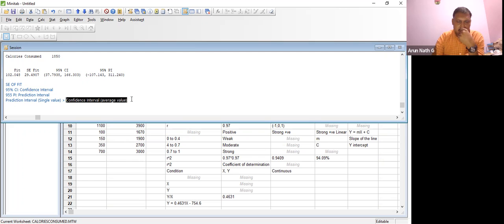However, the average of multiple experiments is expected to fall inside the confidence interval. So which is narrower? Prediction interval or confidence interval? It should be the confidence interval, sir. The confidence interval is narrower.